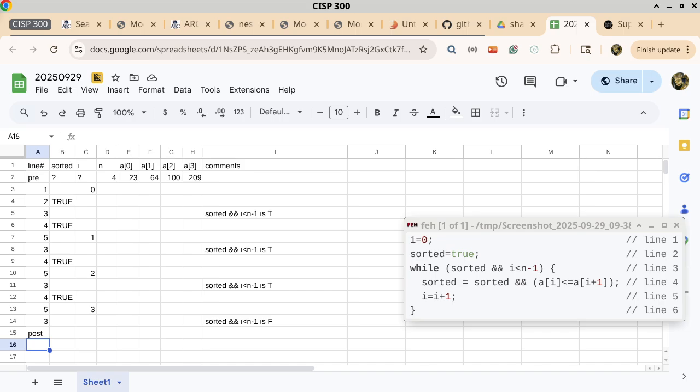That is not simple, okay? It is complicated in a certain way. And then we also have the way of updating sorted, which is this expression here. What does it really mean? Why do we use a conjunction instead of a disjunction? All of those are questions that make this algorithm not as simple as it seems.